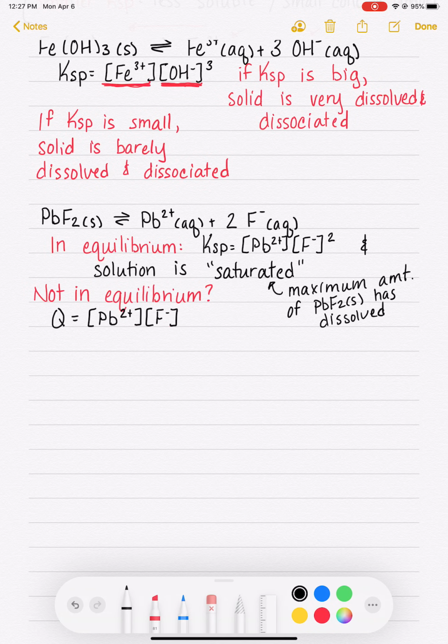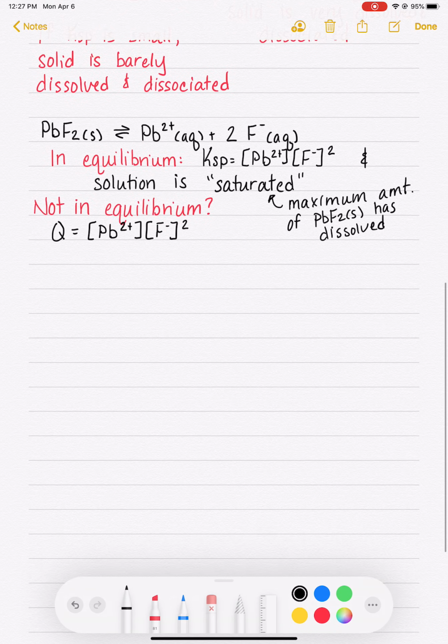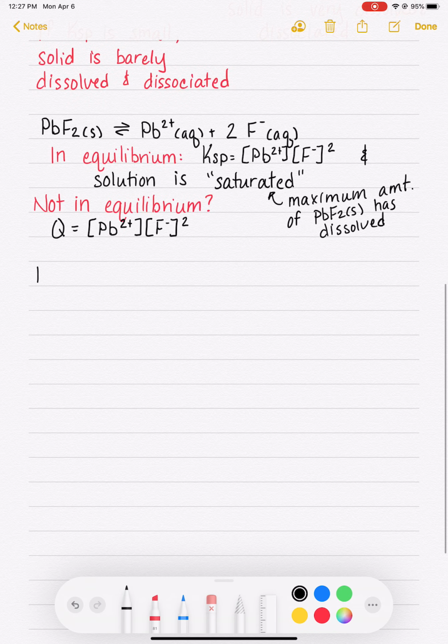We calculate Q the exact same way that we would calculate K, and then we compare Q to K. So if Q is less than KSP, that means that these concentrations are smaller than they are supposed to be.